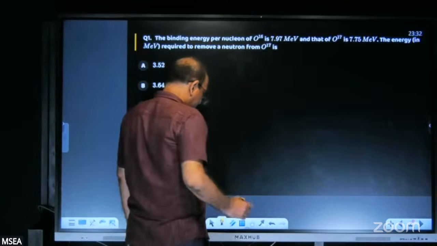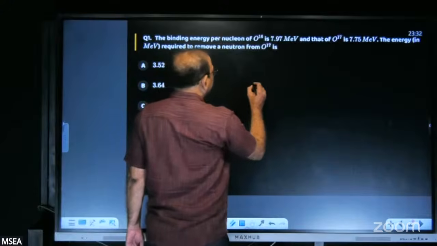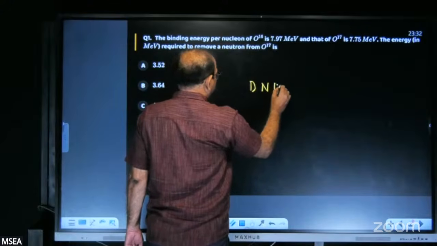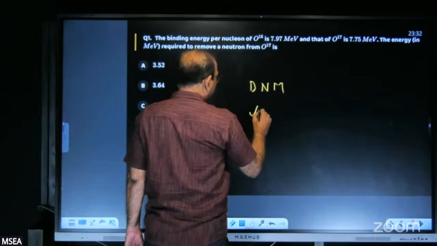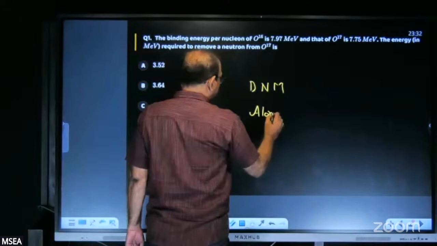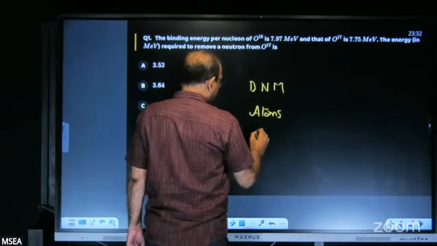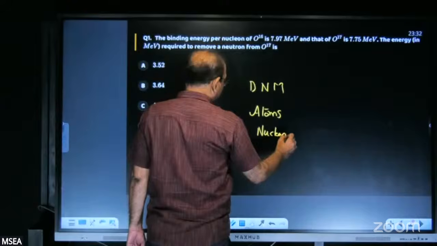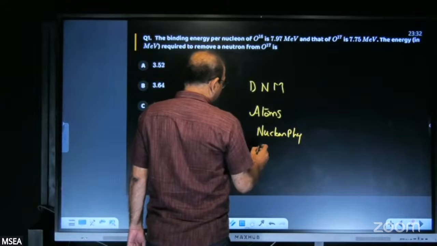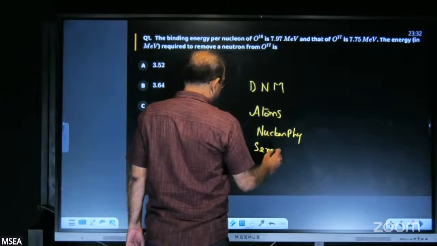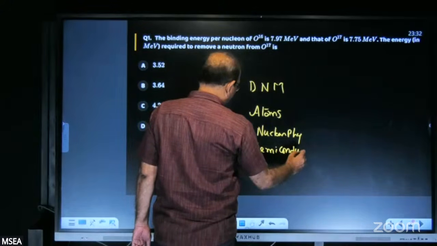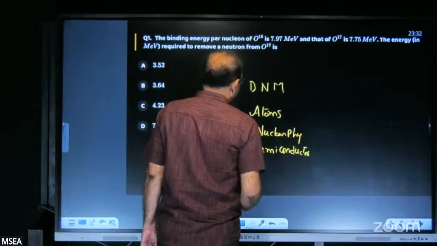Our modern physics chapters are there now: dual nature of matter, atoms, nuclear physics, semiconductors and logic gates.